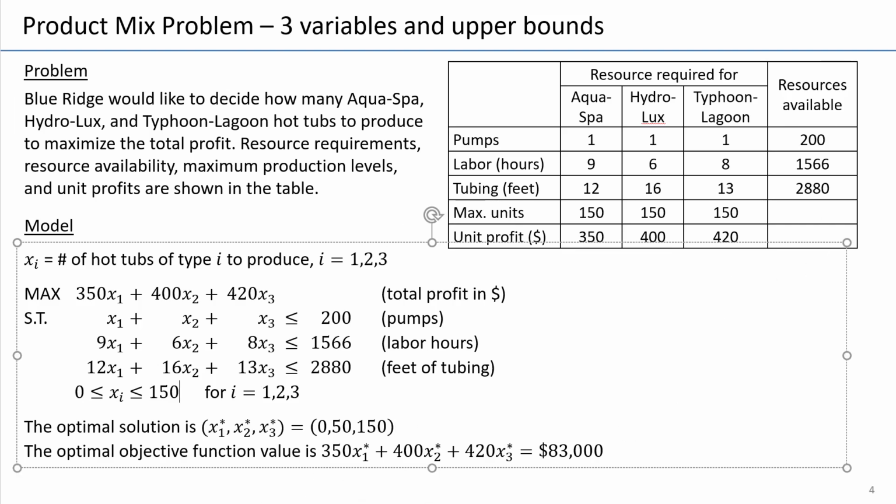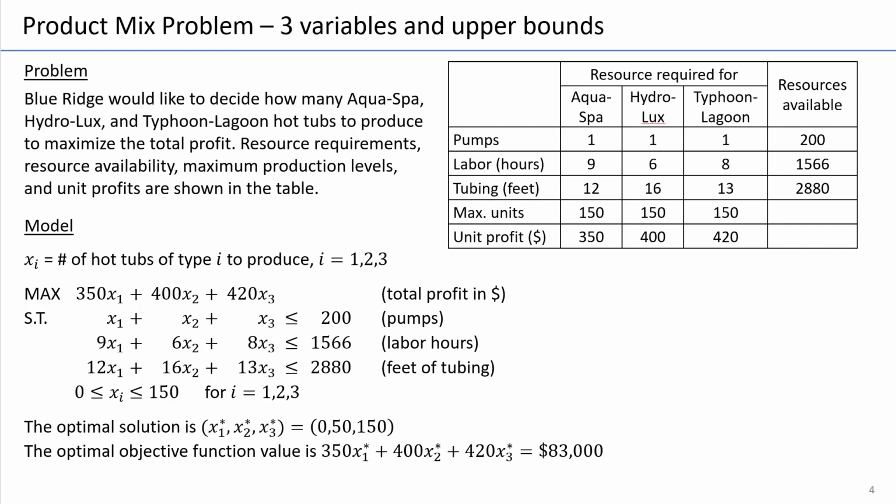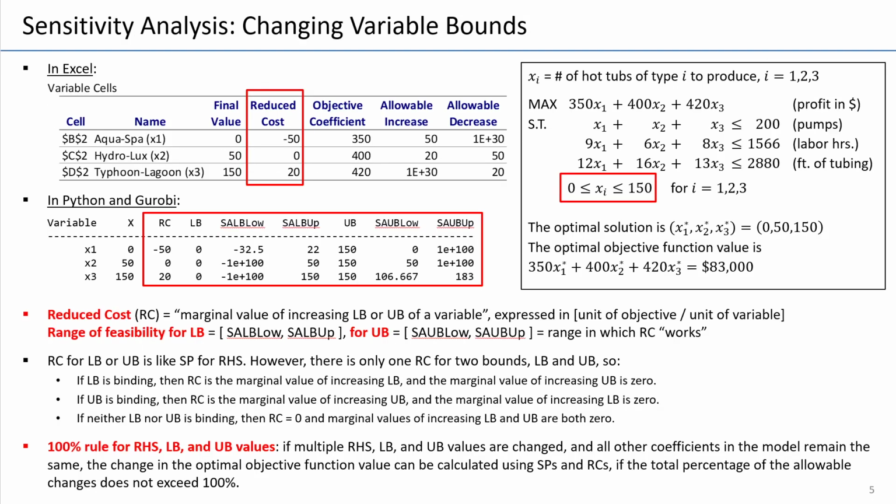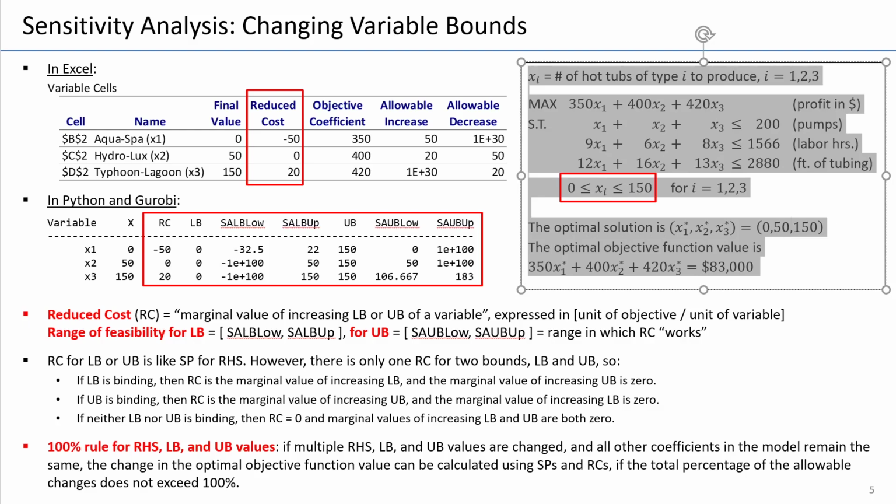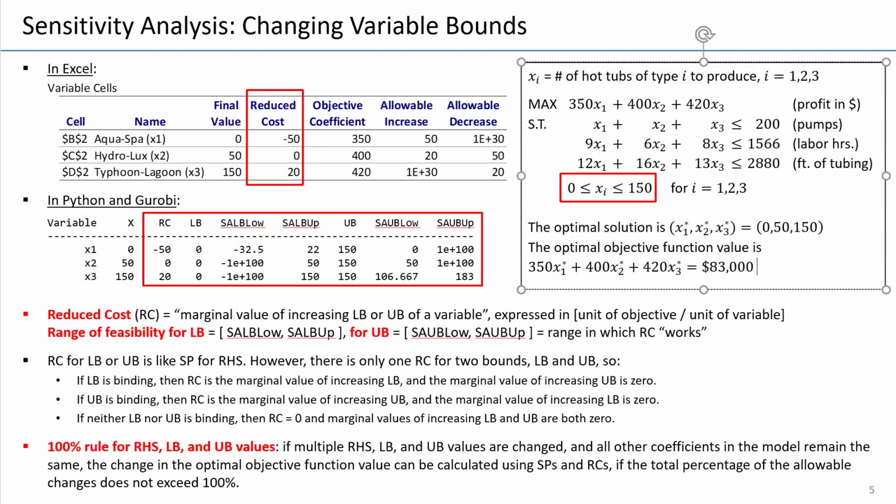This is the profit maximization problem, and the maximum profit we can get is shown here. So if you solve this problem and you get the optimal solution, of course, we can also obtain sensitivity information, either from Excel or from Gurobi. Here is the sensitivity information, and this is, of course, the same model that I showed you a moment ago.